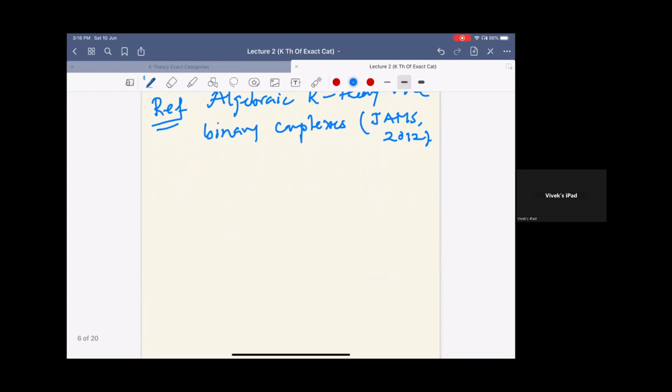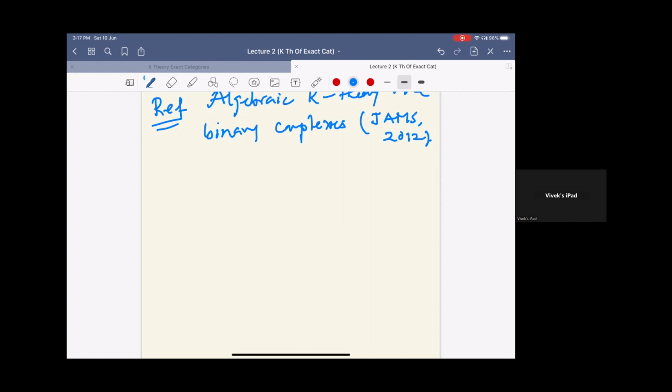For that we first need to define long exact sequence in a general exact category. In an abelian category, a long exact sequence is nicely defined because you have a notion of kernel and cokernel. But in an exact category, we don't really have the usual sense of exact sequence. We have to impose some structure so that we have a similar notion of short exact sequence.